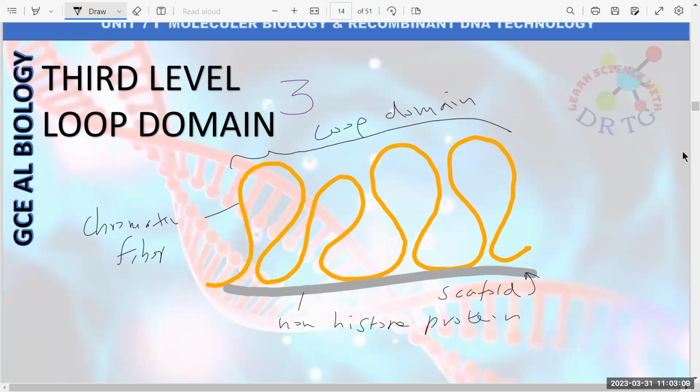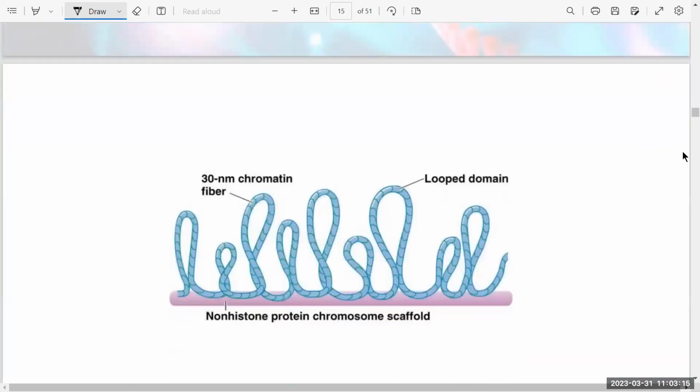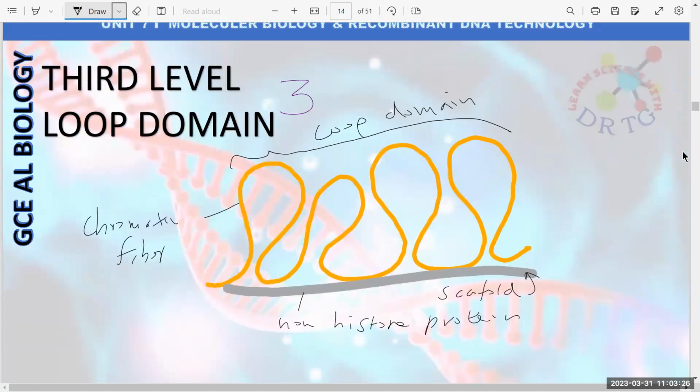So this loop domain is going to make coils to make the fourth level. Here you can see again the same structure, the 30 nanometer chromatin fiber from the loop domain, and the diameter of the loop domain is 300 nanometer.